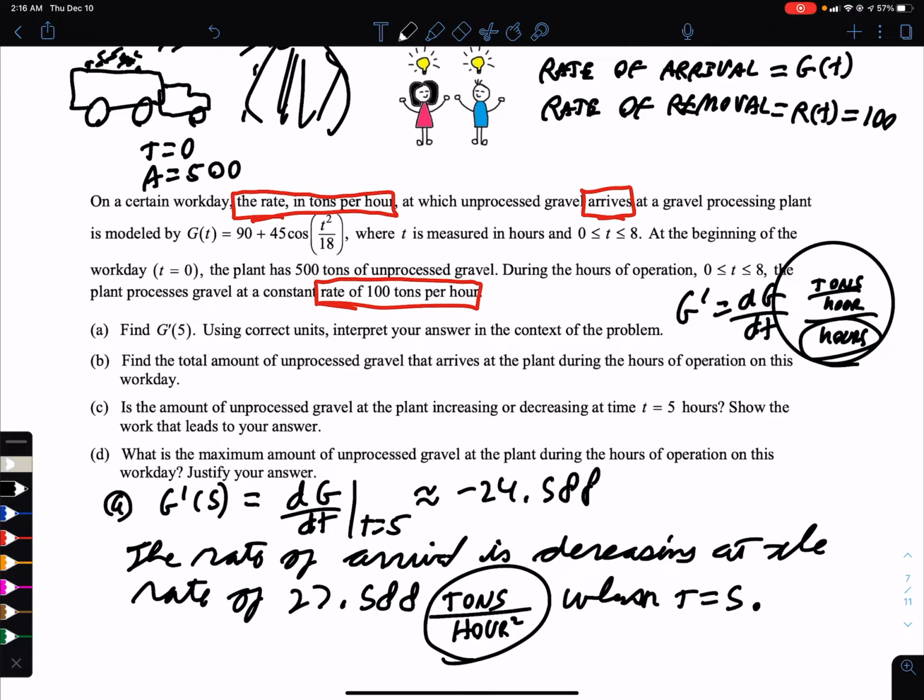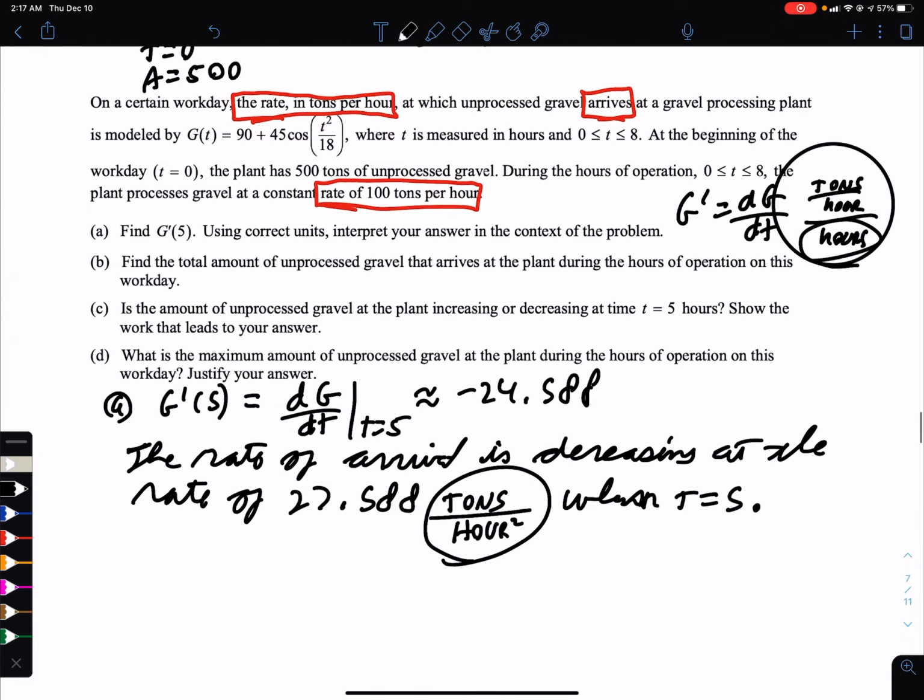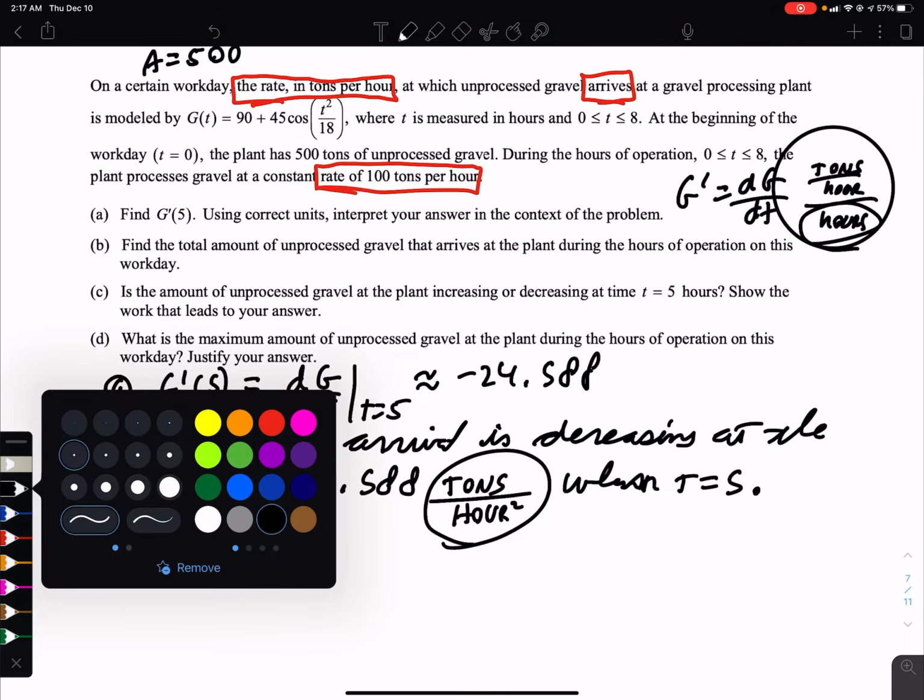But now we're doing B, the total amount of unprocessed gravel that arrives at the plant during the hours of operation on this workday. What? Okay, this is the fundamental theorem of calculus. Why is this fundamental theorem? Okay, I will explain to you.